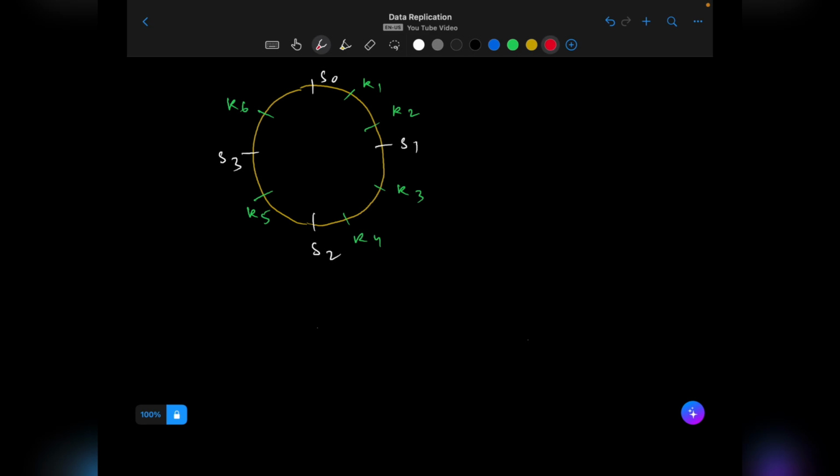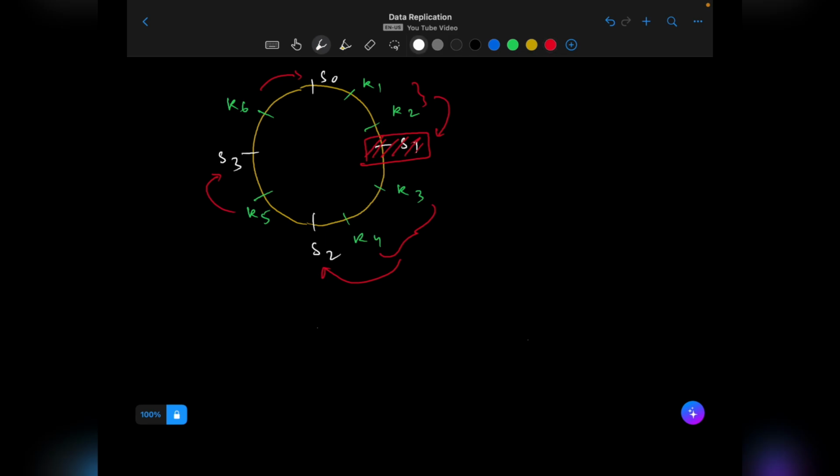As you know, key 1 and key 2 are mapped to S1, key 3 and key 4 are mapped to S2, this is mapped to S3 and this is mapped to S0. So let's say, in a worst case scenario, this S1 server is down.